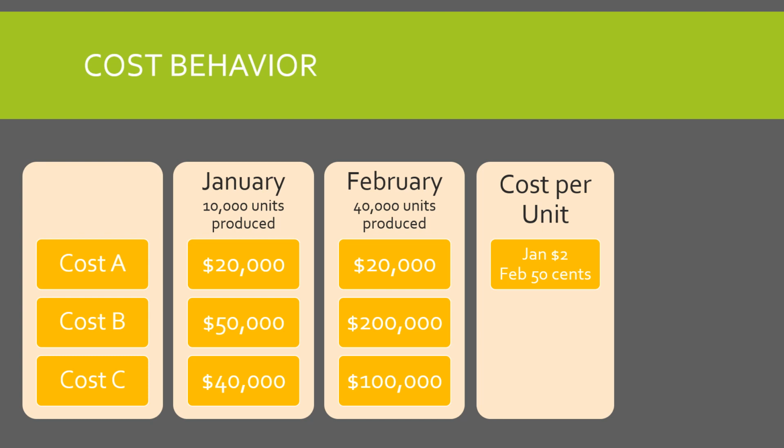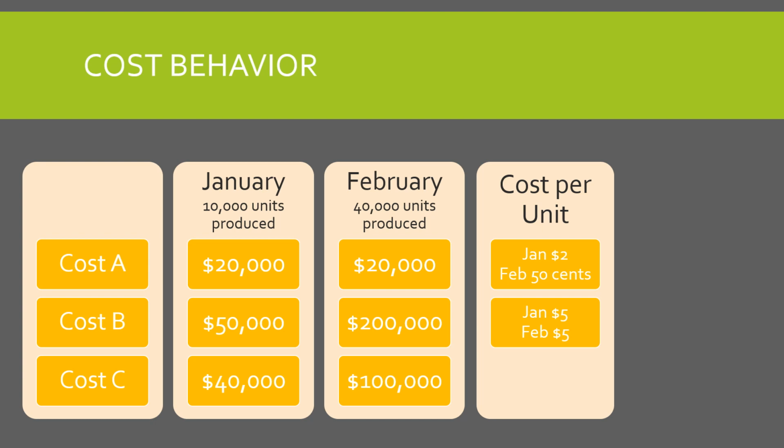When I look at cost B, 50,000 in January, 200,000 in February. And when I go to get the per unit cost, when I take the $50,000, divide by 10,000 units in January, I get $5 a unit. The same is also true in February. When I take $200,000 and divide by 40,000 units, I get $5 per unit.